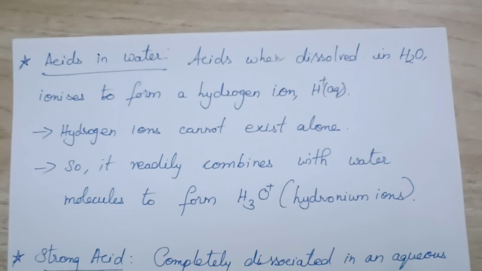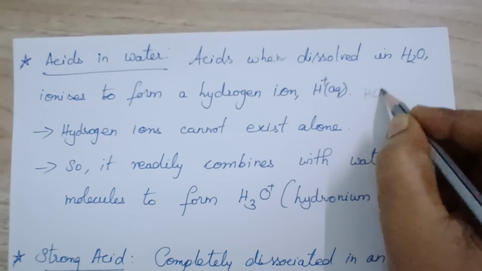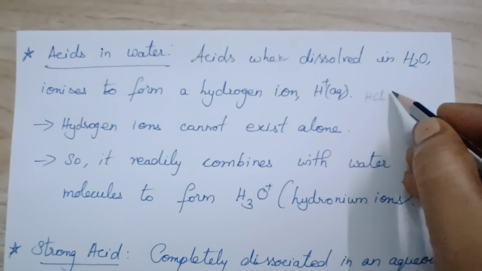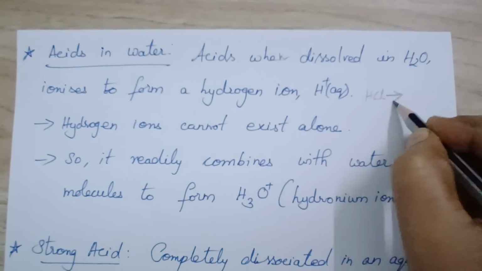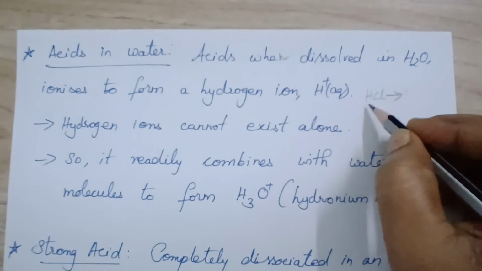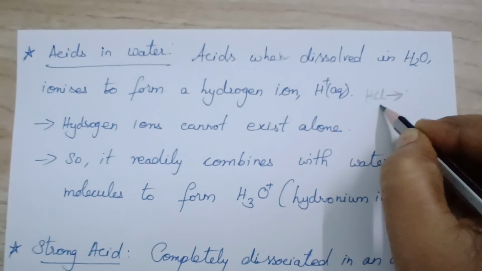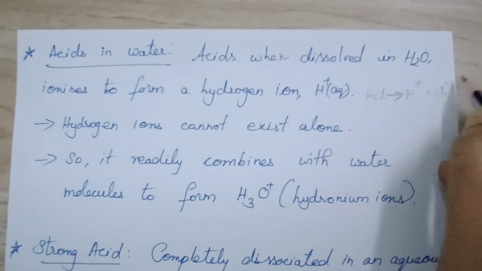For example, HCl is an acid, hydrochloric acid. When dissolved in water, it dissociates into ions. The hydrogen chloride molecule dissociates into H+ and Cl- ions.